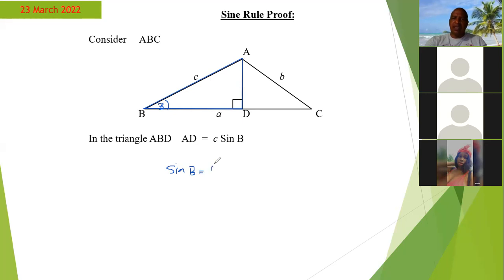In this case, it would be AD over the hypotenuse, which is actually C. And if we are making AD the subject, it means that we would cross and multiply the sine B. So we would have C sine B is equal to AD.